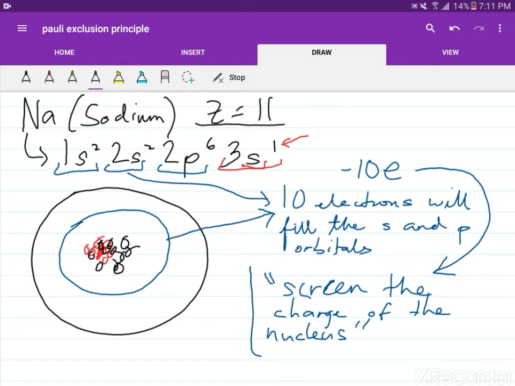So this is screening. Technically, this is screening.